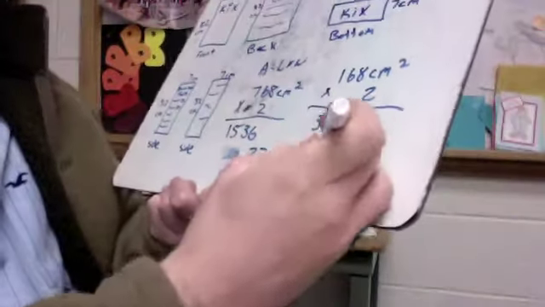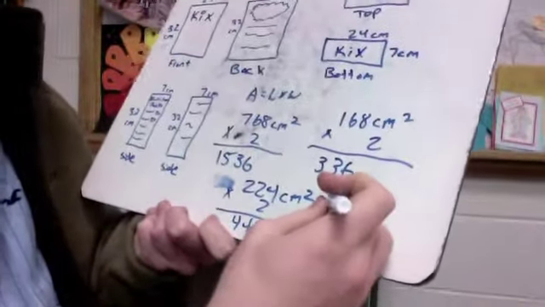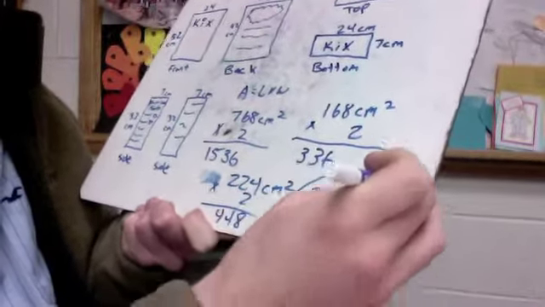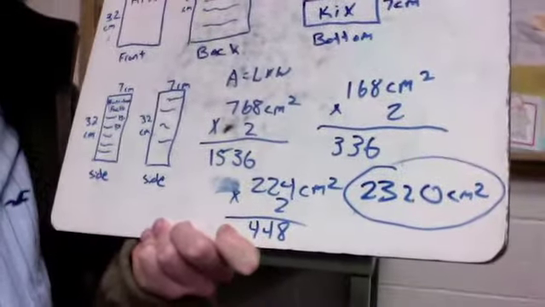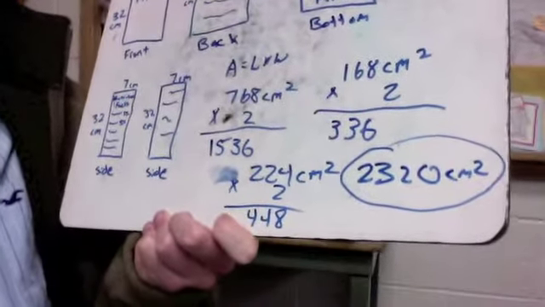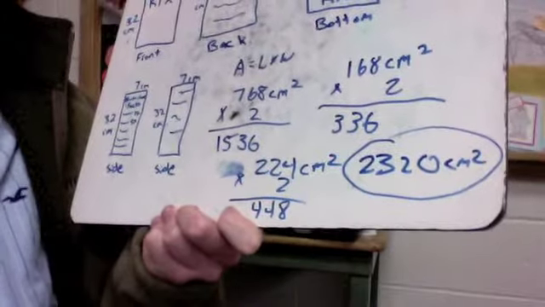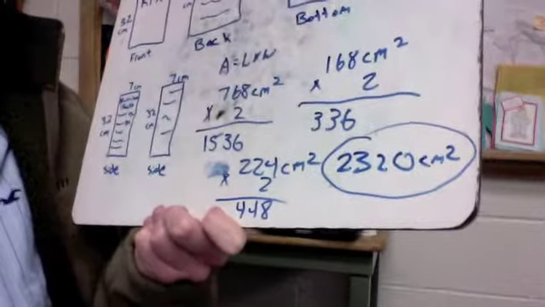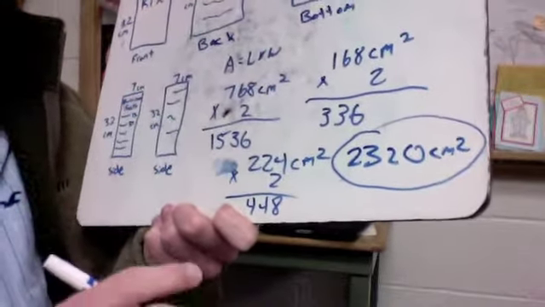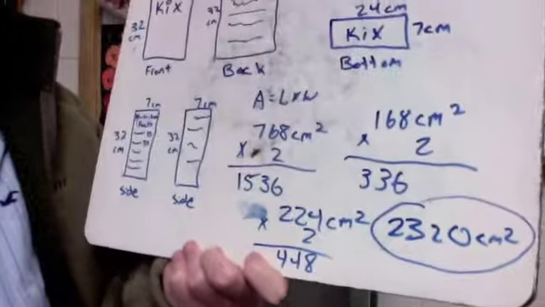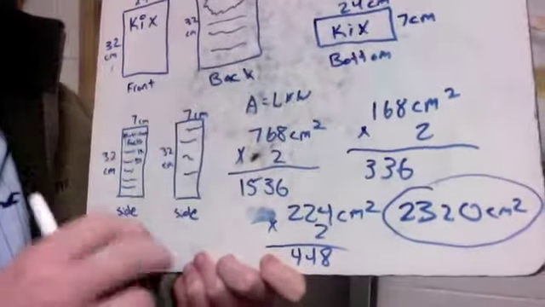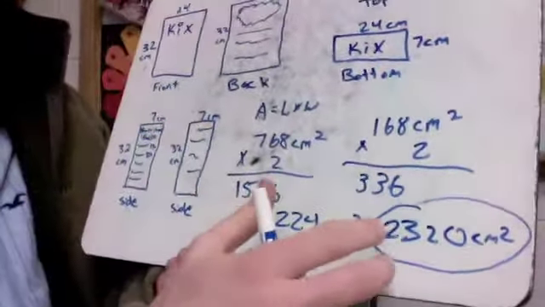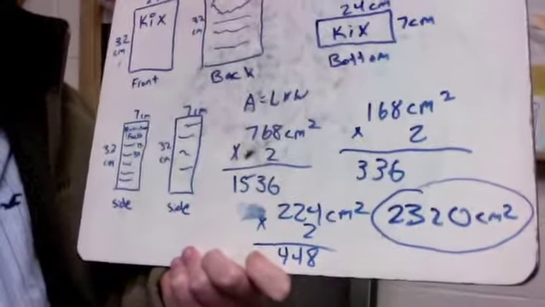And a grand total for this Kix box, all the surfaces together, would be 2,320 square centimeters. That means to cover the whole box, we would need 2,320 of those square centimeters, like the ones behind that letter E. Essentially all we did was find the area of each face separately as if they were two-dimensional shapes, and then we combined everything together to get 2,320.